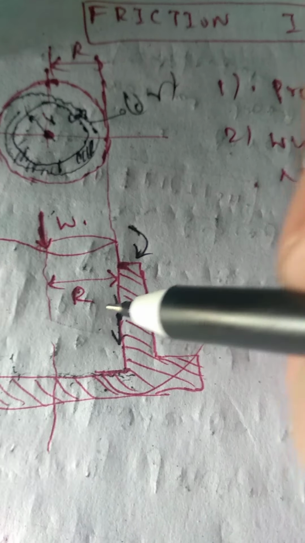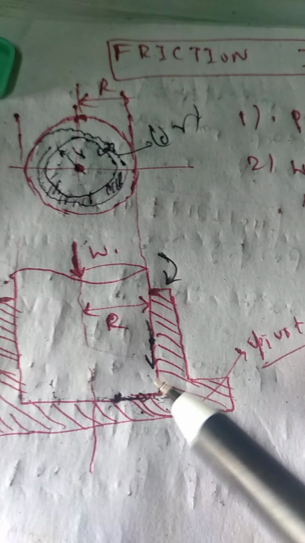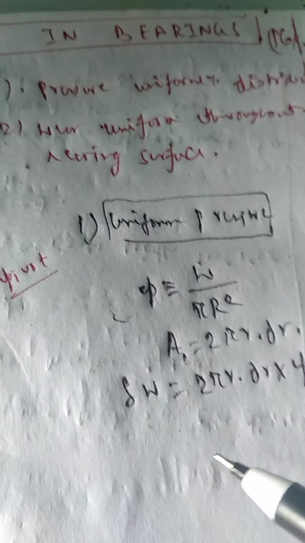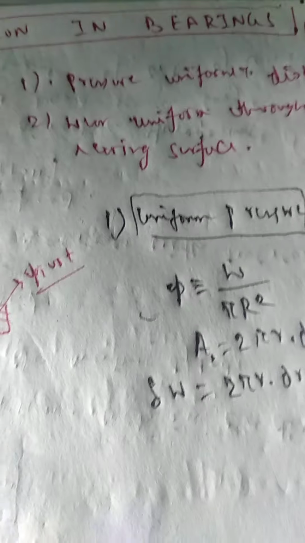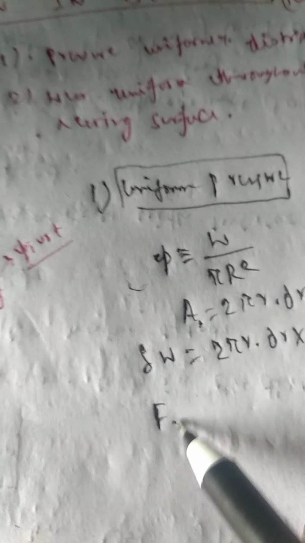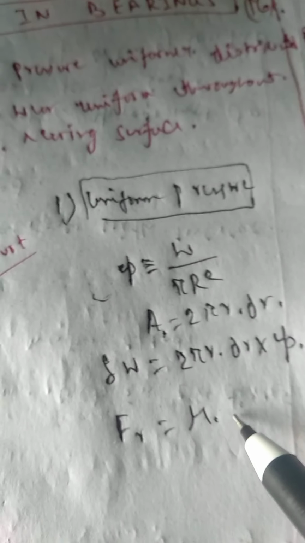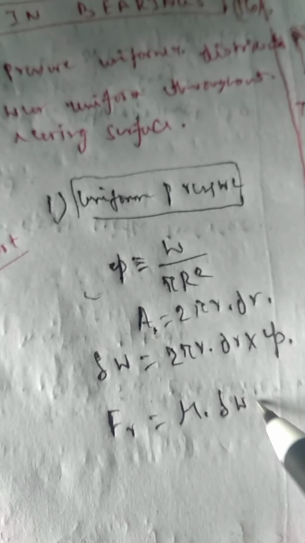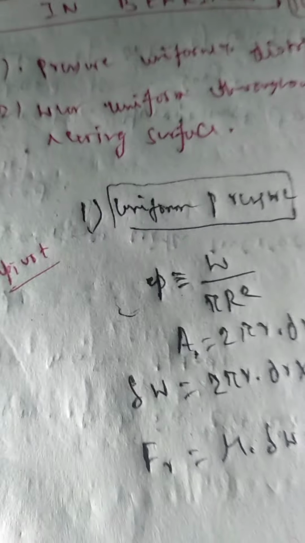Its value is mu into force, mu into N. In this case, it will be mu into dW. Now the value comes out to be mu into p into 2 pi r into dr.